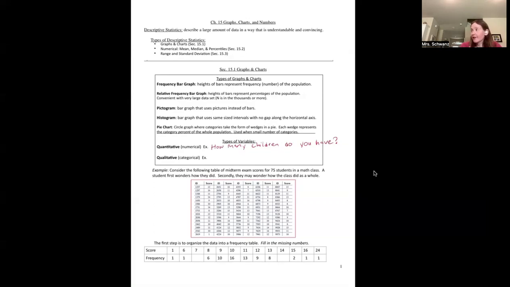If I wrote down all the nationalities from all the class, people don't respond with, I'm nationality 5. They don't give you a numerical response. They give you a word response. I'm Filipino or whatever, right? So that is an example of a categorical variable.